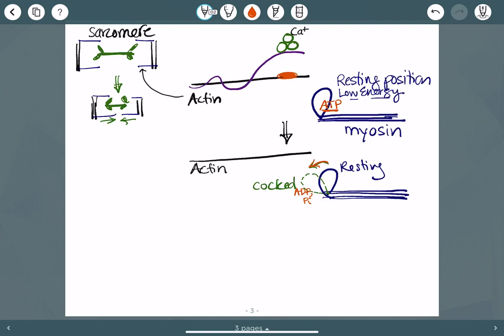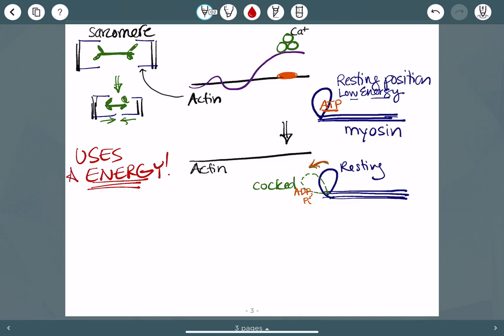Now, what's really important at this first step, this activation of the myosin head, is that we actually use energy at this step. This step is where we see hydrolysis of ATP. So the energy of muscle contraction is actually energy used to activate the myosin head just prior to the muscle contraction.